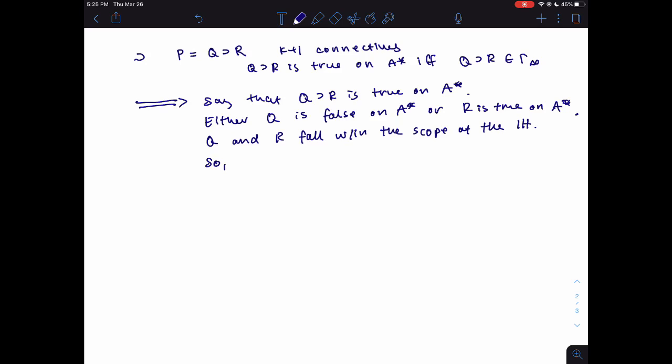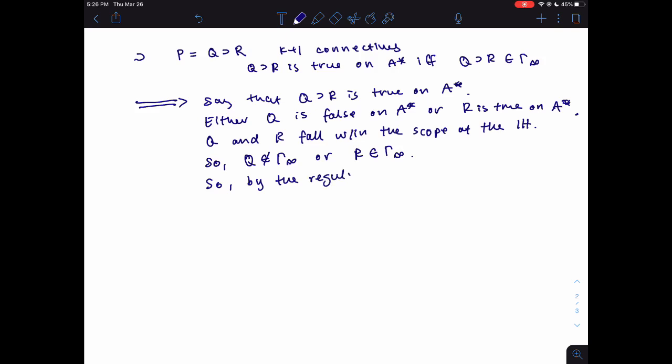If Q is false, then Q is not a member of gamma infinity by the induction hypothesis. Or if R is true on A star, then R is a member of gamma infinity by the induction hypothesis. And now we can appeal to the regularity lemma.